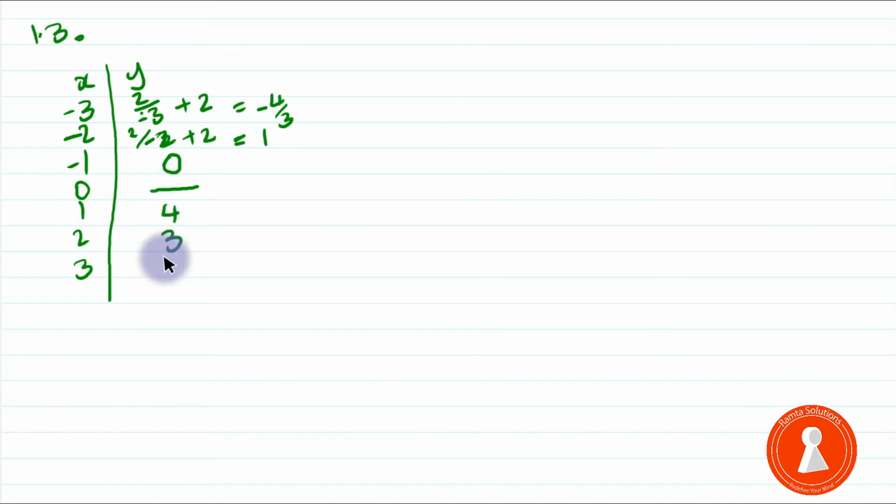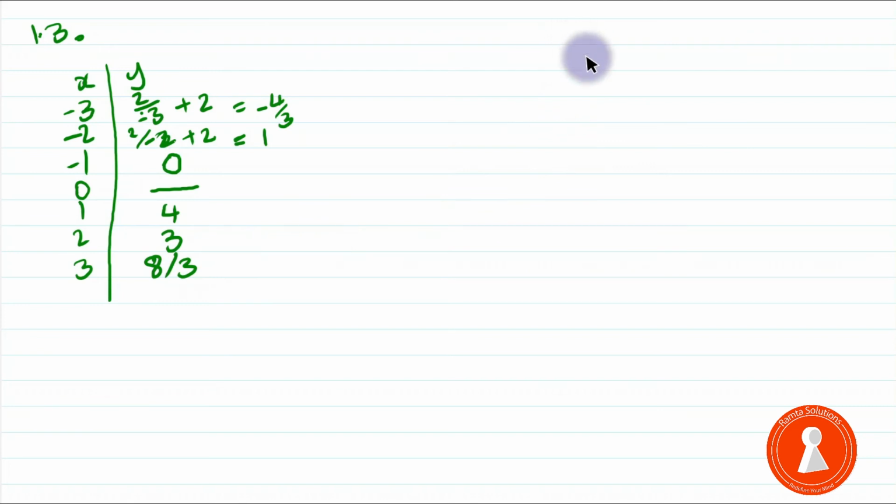Then for 3, 2 divided by 3 plus 2 would be 8 over 3.